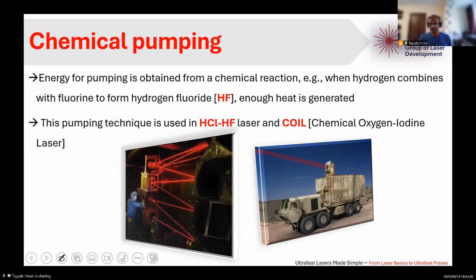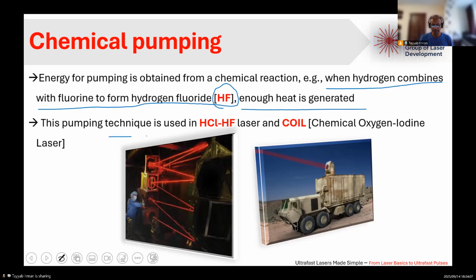And with a certain electronic arrangement, they use a kind of shutter, and when both the materials match or react with each other, the pumping is started and the laser action happens. Like here, when hydrogen combines with fluorine to form HF, hydrogen fluoride, heat is generated, and that heat causes the pumping. It's definitely a chemical reaction.